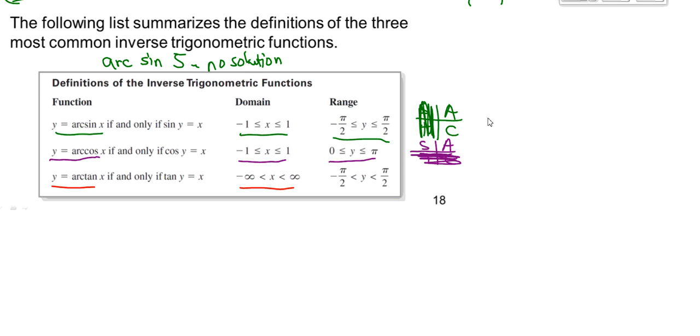And the range is not including the endpoints for tangent, because those are asymptotes and it's undefined.